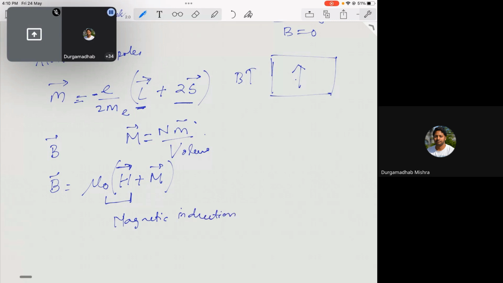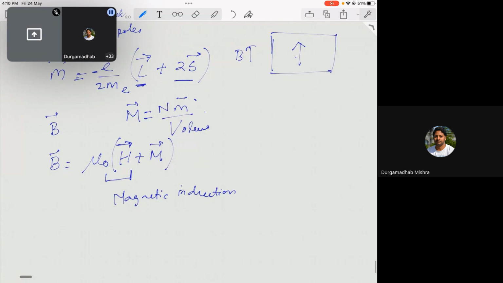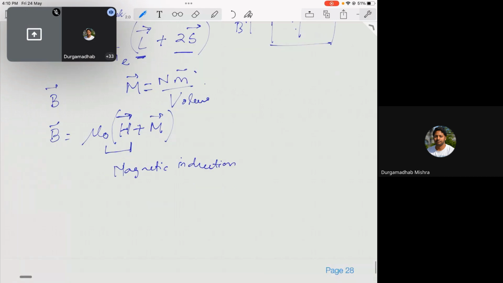The H field is produced by any free current that exists. If I take a wire with current I passing through it, it will lead to a magnetic induction that corresponds to this value H.